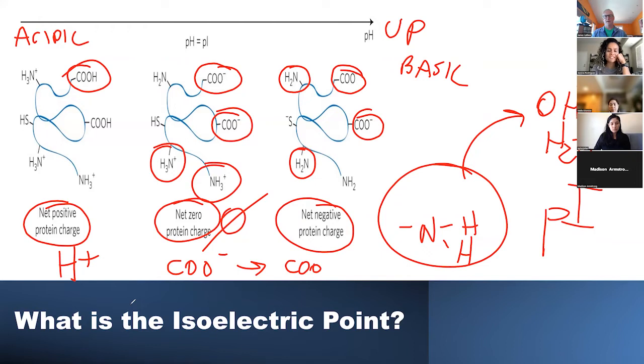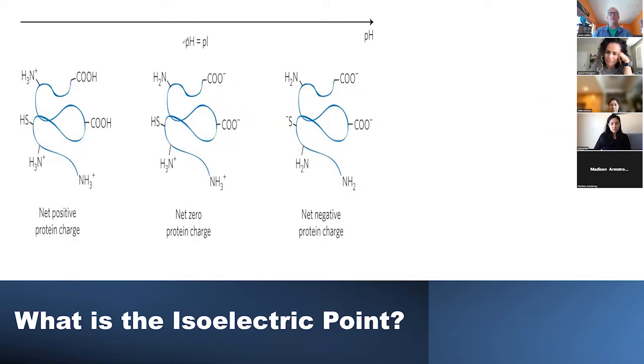Yeah, I didn't understand it. Okay. So let me just clear all this stuff. Here we go. So we know that proteins have negatively charged amino acids and positively charged amino acids.